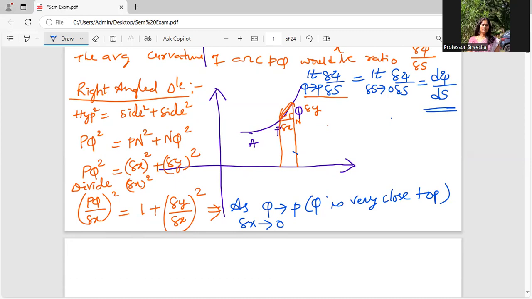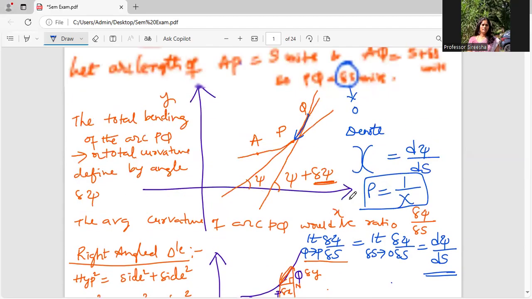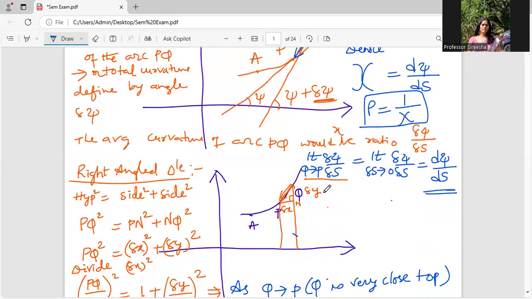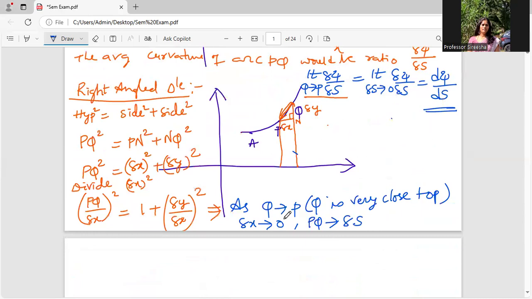PQ tends to almost delta S. Here I also write delta x tends to 0, and PQ tends to delta S. You can see the previous graph to understand: A to P distance is S, A to Q distance is delta S. So when Q shifts to P, PQ almost tends to delta S.